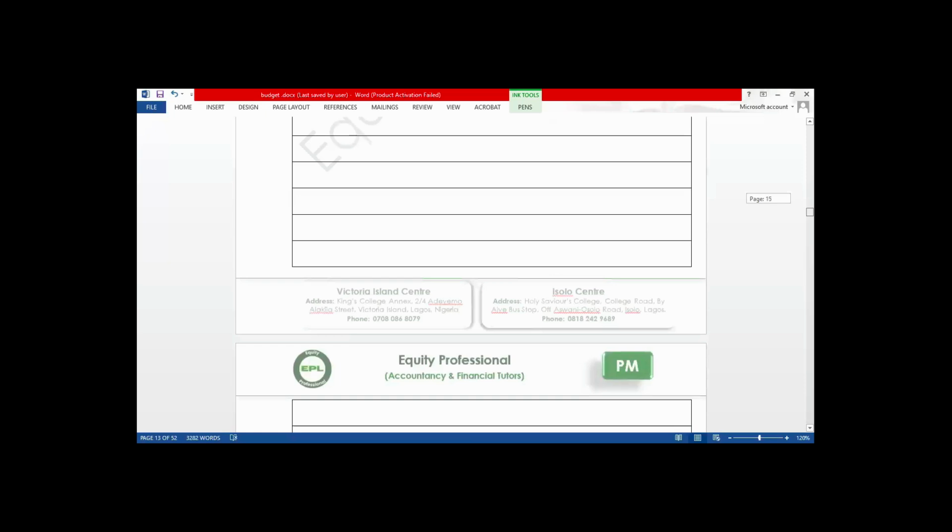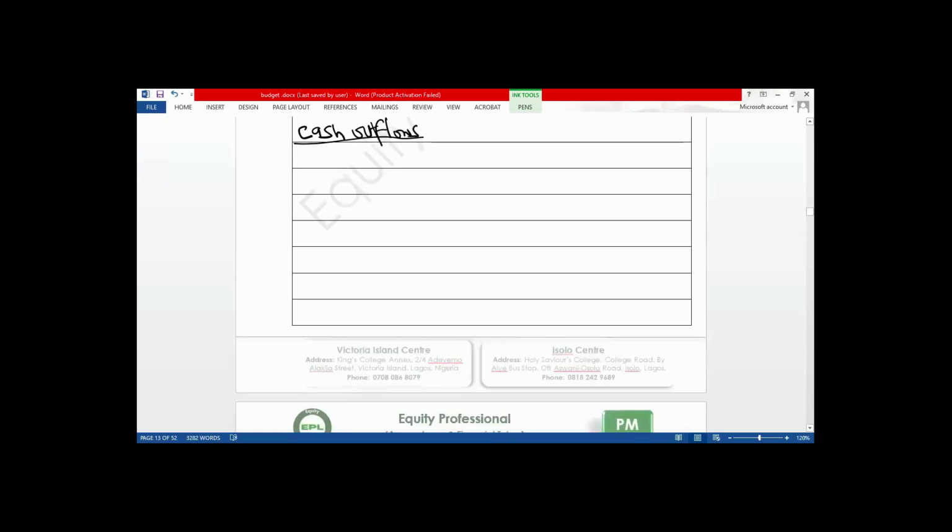Working one: analysis of sales receipts. If you are preparing cash budget, you are interested in the cash collected and the cash spent. Cash collection will come from sales receipt.